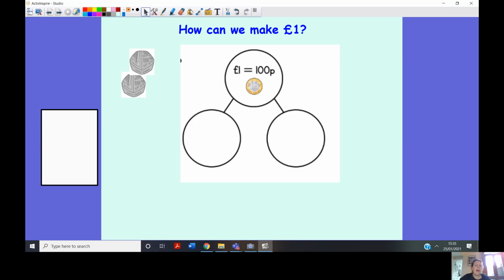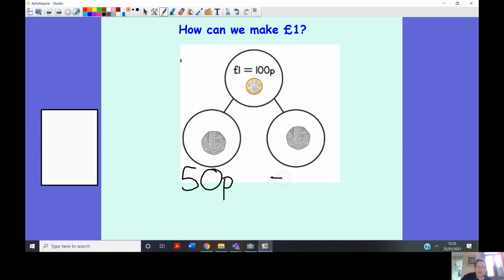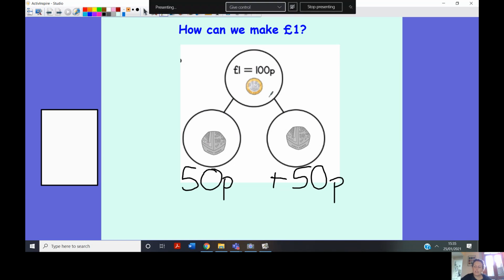We know that, again, £1 is equal to 100 pence. So I have here one 50p coin. I have here another 50p coin. If I add 50p and 50p, I get 100p, which is a pound.